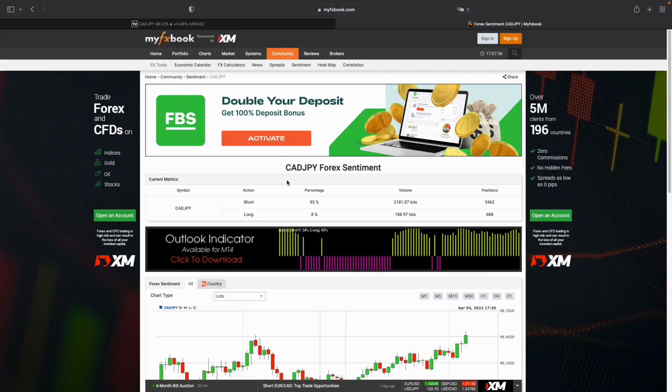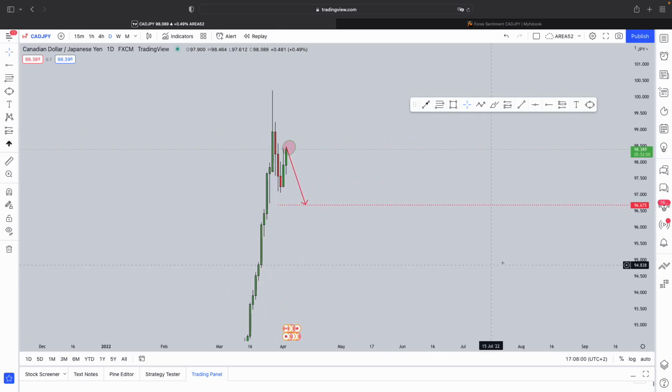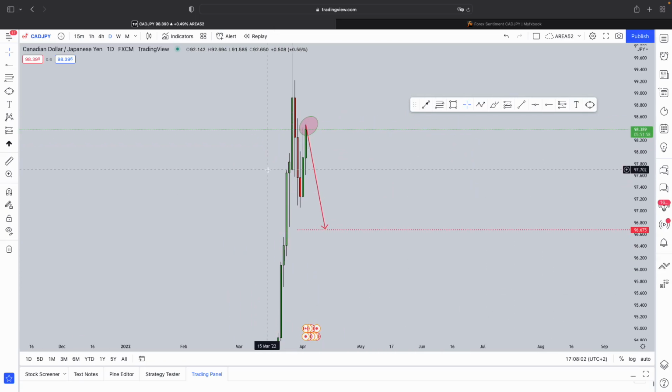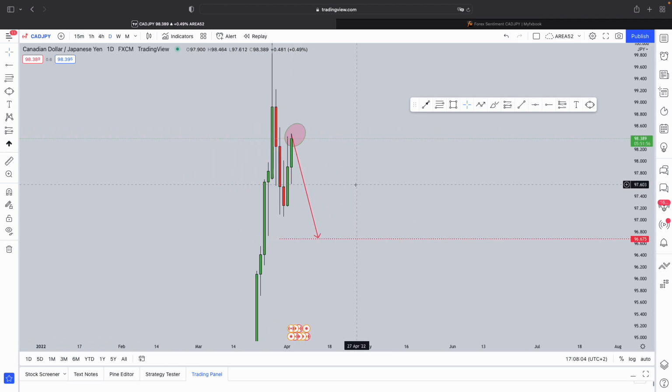Now, if you go look at the sentiment data, this tells us what retail traders are doing in the market. And I always say you want to be on the opposite side of what retail traders are doing. We can see 92% of retail traders are selling and 8% of them are buying. Now, you might say, but aren't we supposed to be on the opposite side? Yes, we are supposed to be on the opposite side. That is 100% correct.